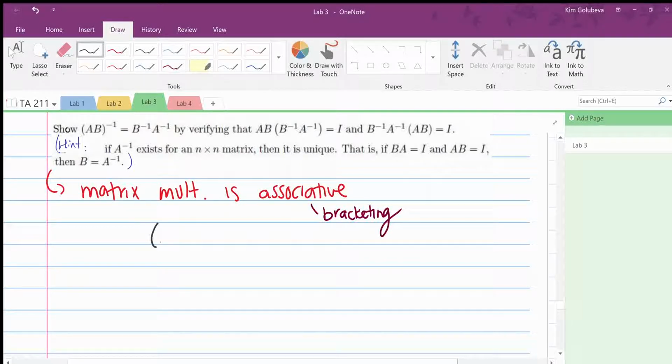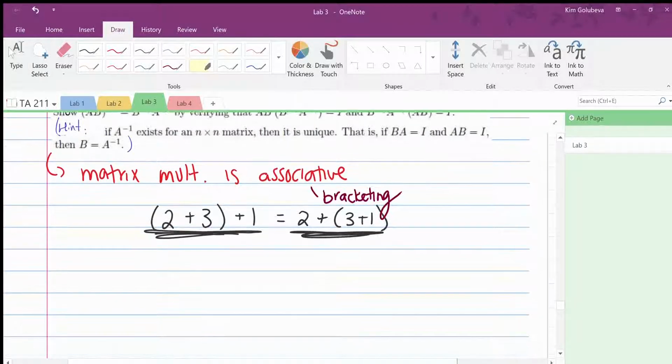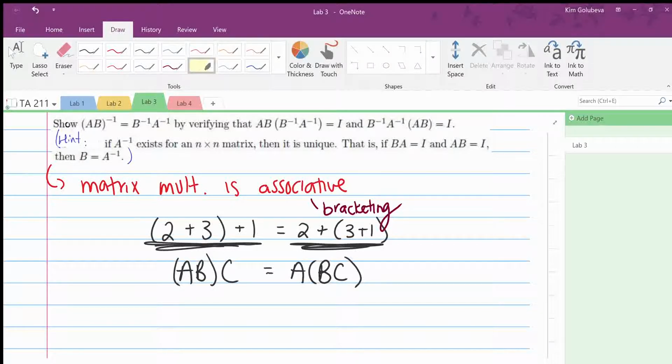If you have 2 plus 3 plus 1, it's equal to 2 plus 3 plus 1 with the brackets moved. You guys know this to be true. So if you re-bracket something, it's still going to be the same thing. This is also true for matrix multiplication. So if we had A times B times C, it's equal to A times BC. We can re-bracket things and it's going to equal the same thing. So that's important for this question.